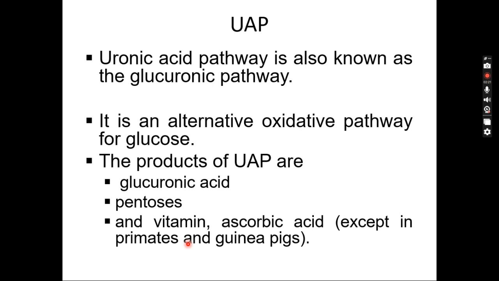This exemption, we will look at it in detail when we look at this particular pathway, because there is one enzyme that we are going to look at in this pathway, which is absent in guinea pigs and also in humans and these other primates.